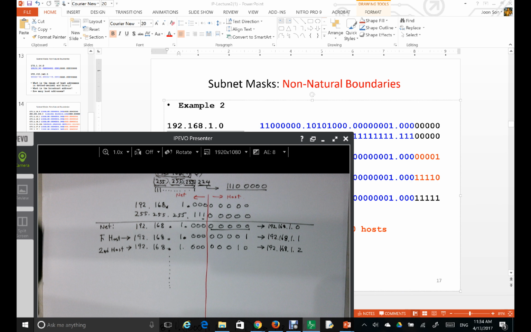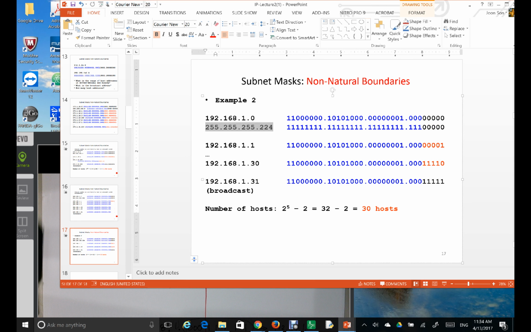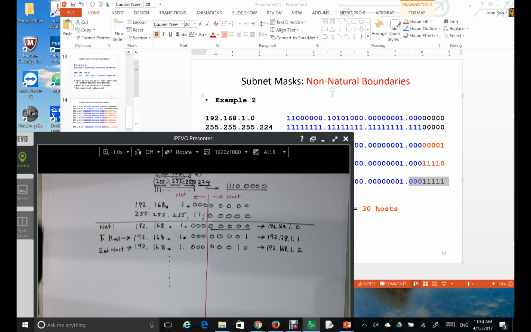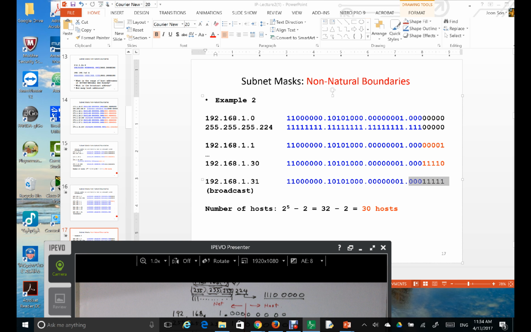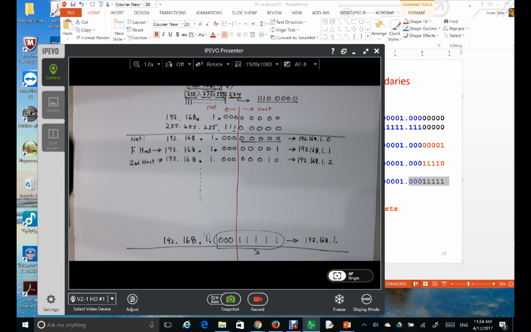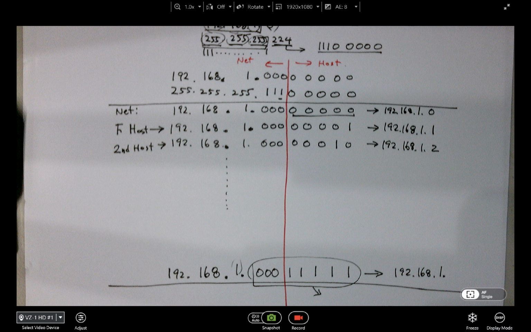As you can see, this is 31. If you convert this binary to decimal, you will get 31. I'll just skip this process because you know how to do it. The 31. Okay, so that's the broadcast IP address.